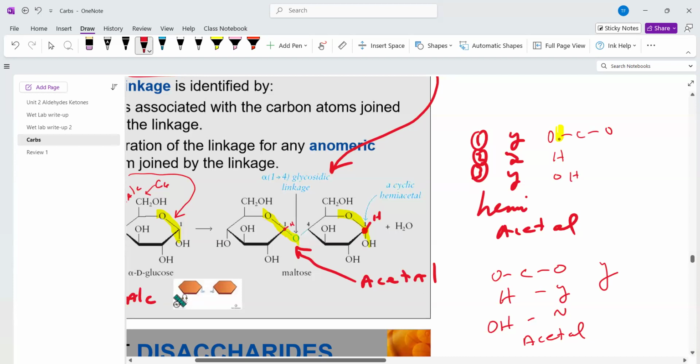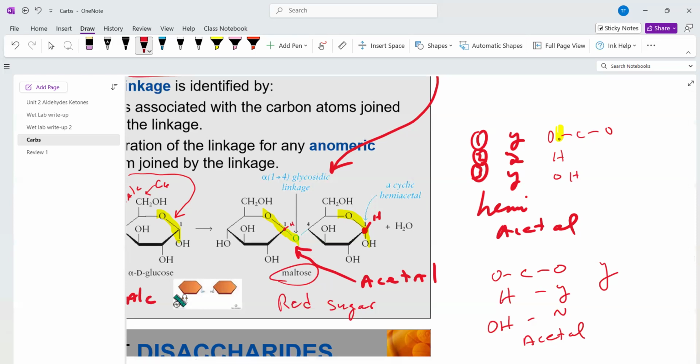Oops, yeah. So that's what makes this a hemiacetal. So maltose, discovered in beer, hence the name maltose, is both a full acetal and a hemiacetal. So this is a reducing sugar because of the hemi.